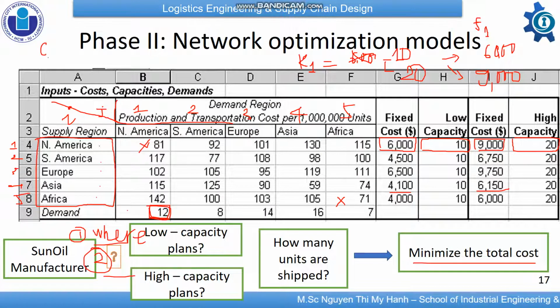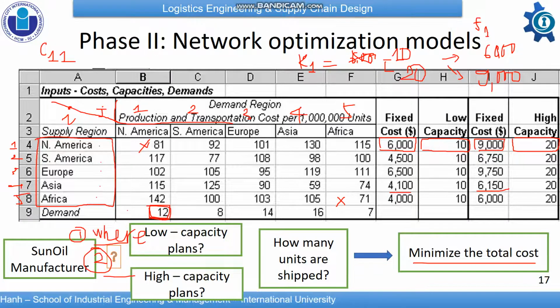The first index is the plant, so plant 1 is in North America, and 1 here is market 1, also North America. So the production cost and the transportation cost from North America to North America is 81 thousand dollars.